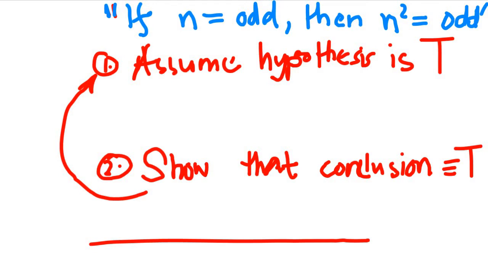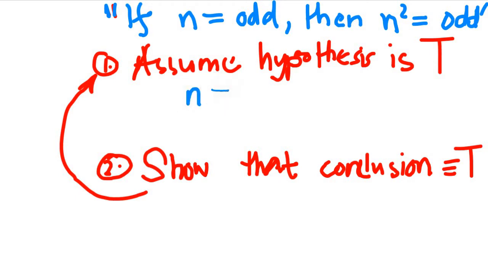So assuming that the hypothesis is true, we have to show that the conclusion must also be true. So if n is odd, then we could therefore let n be twice a certain integer k plus 1. And this is the definition of an odd number, where k is an integer.